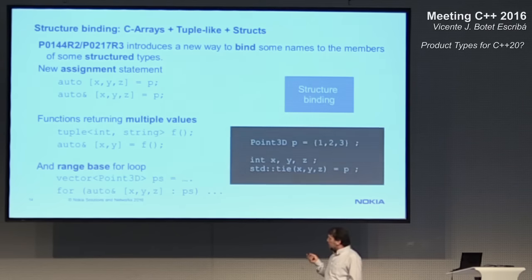The feature also has been adapted so that we have this extraction in the range-based for loop, so that we can iterate over the elements of a vector that supports structured binding and extract each one of the elements. So this, I believe, is some kind of friendly user interface, and it is quite readable.